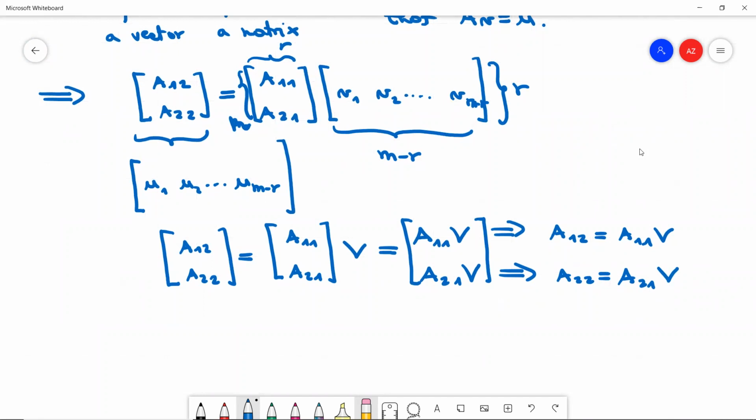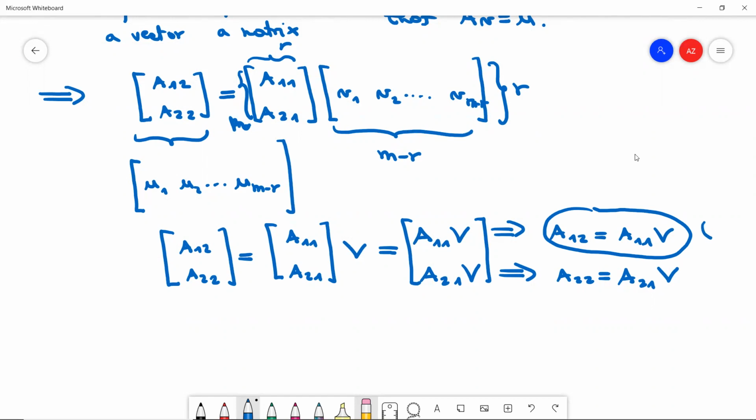I see an answer in the chat. Yes, that's true. So we just multiply the left side of this first equation by the inverse of A11, which we can because we know that A11 is invertible.